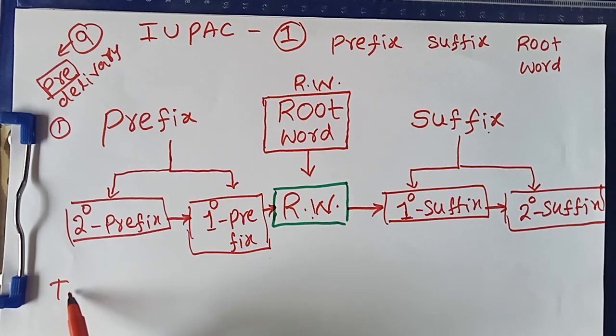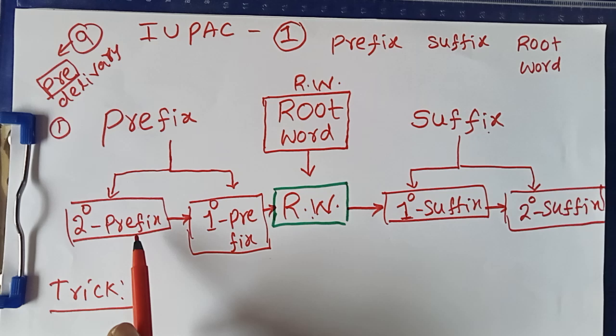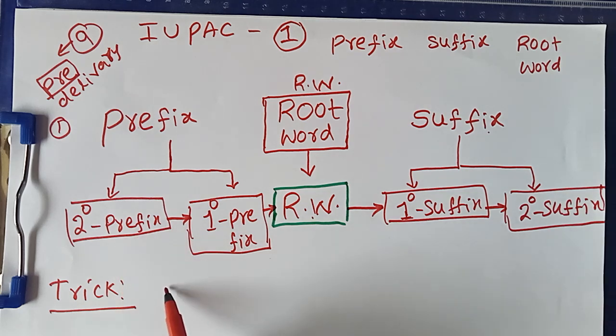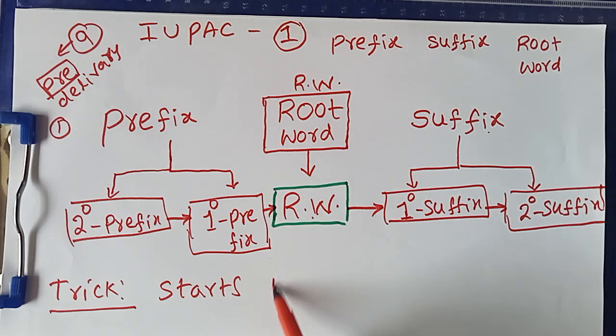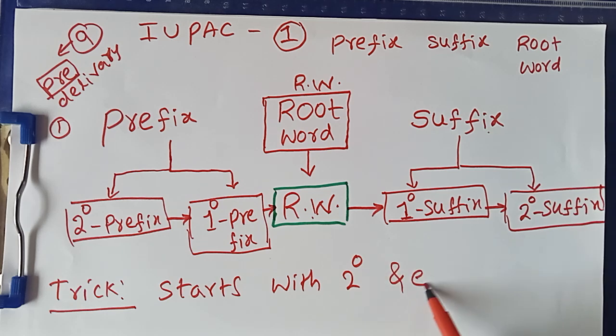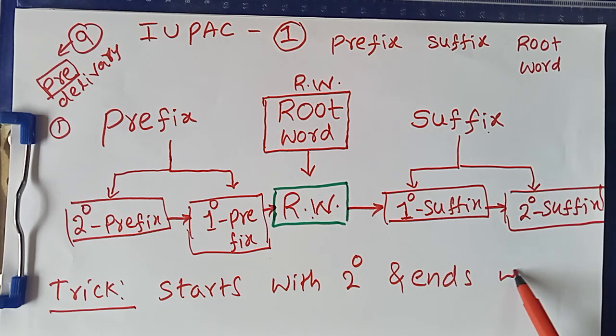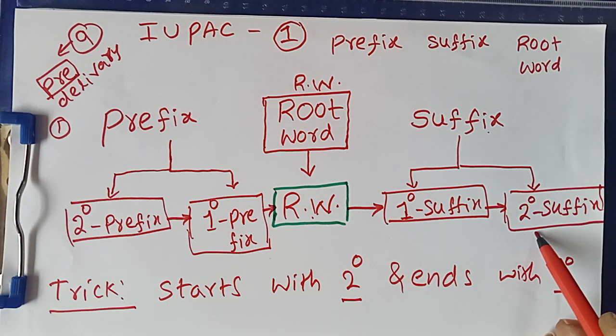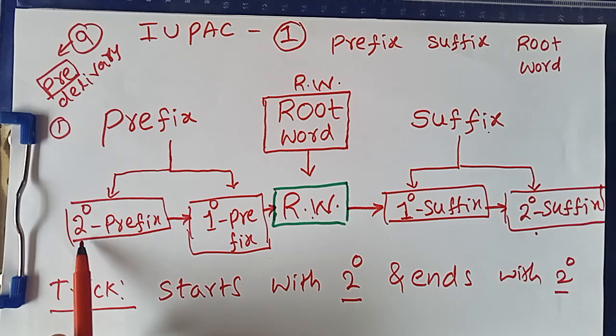Trick is this: the IUPAC building order starts with secondary and ends with secondary. Starting secondary, ending with secondary. Here secondary suffix is the ending, secondary prefix is the starting.